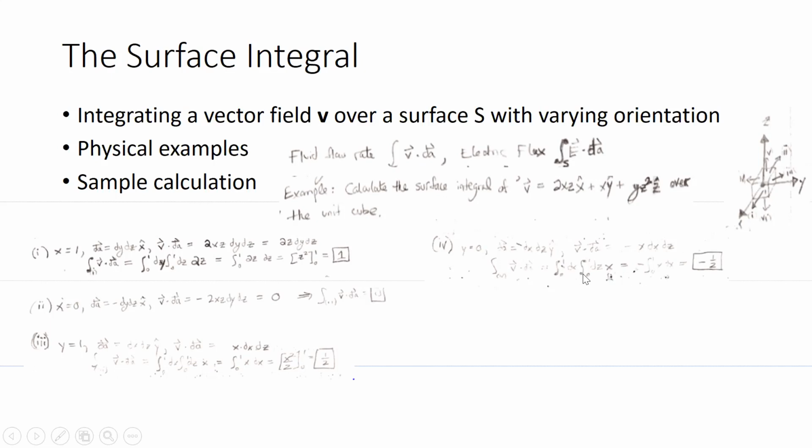And so again, the integral from 0 to 1 dz is 1, and we're left with the integral from 0 to 1 of x dx, which is minus 1/2. Okay. All right, we're almost there.